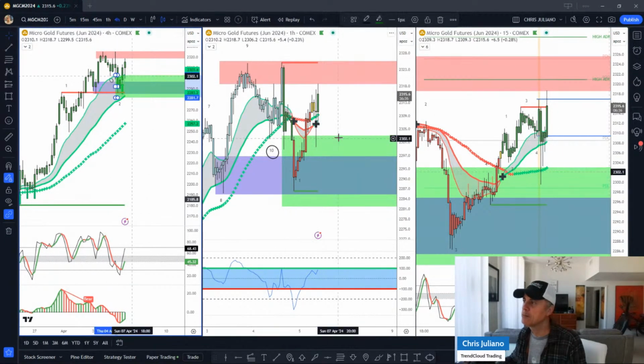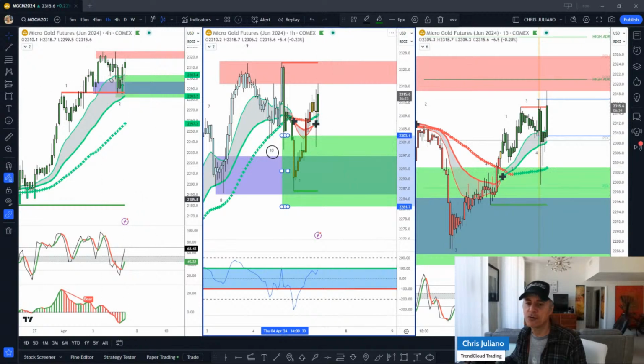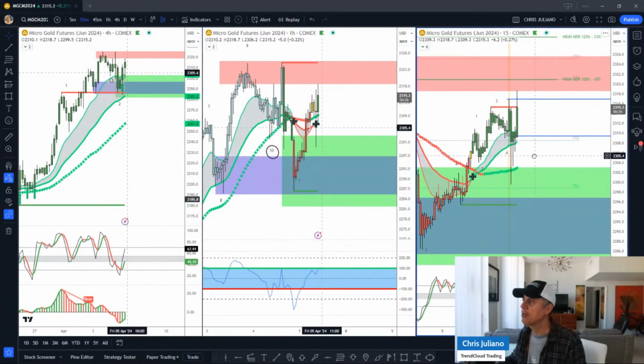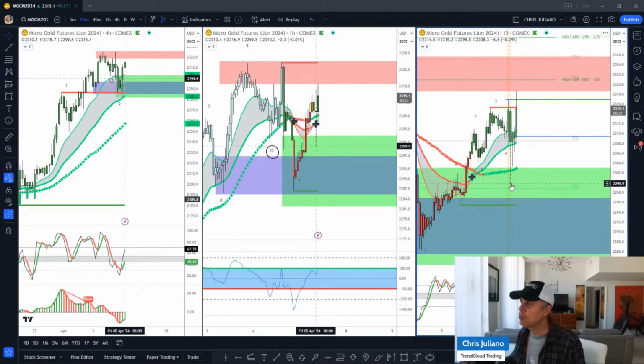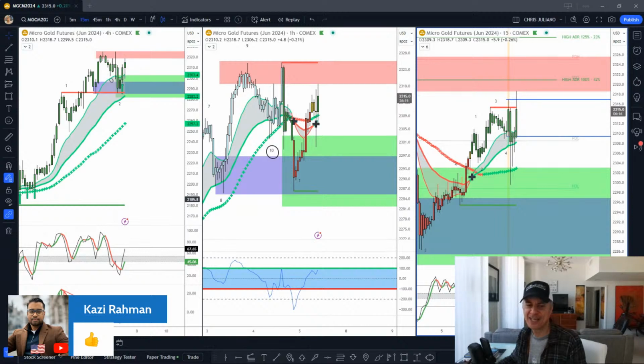The green box here is the 4 hour trend cloud, from the top to the bottom. And what did it do? Retested that area. And it was also retesting that 15-minute supply zone. Yes. I love that. Ba-bam.